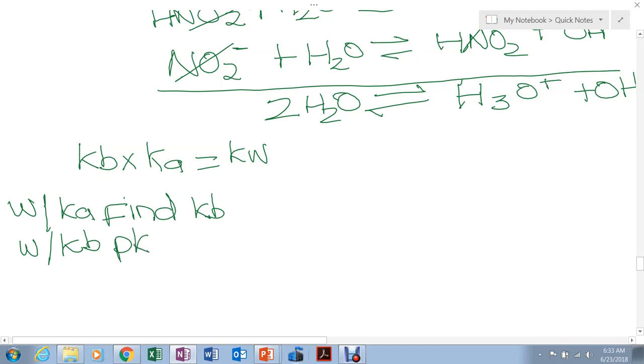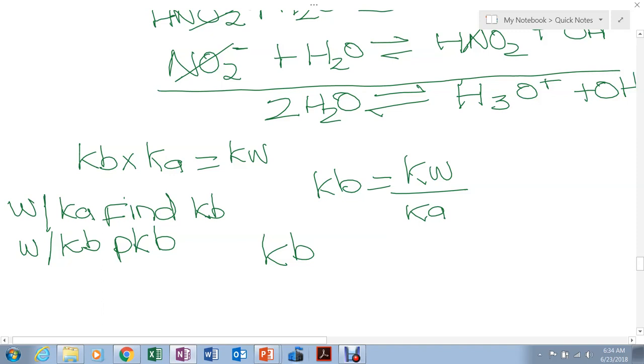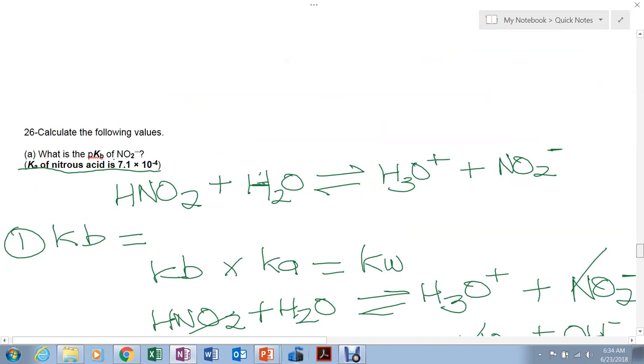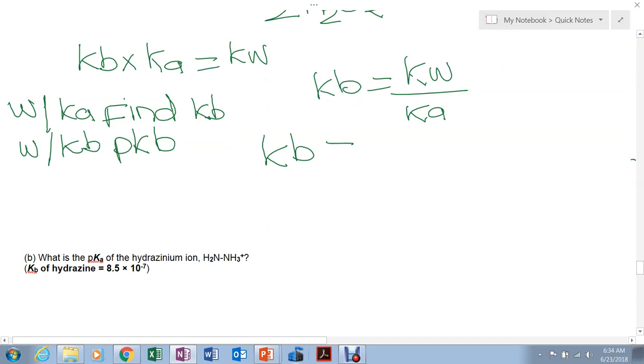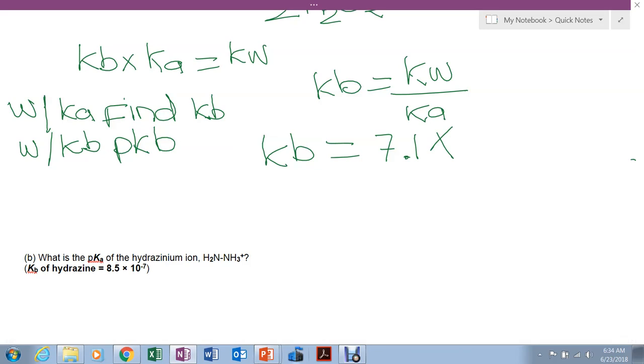And that's what the problem is asking for. So Kb equals Kw divided by Ka. And the value of Ka that the problem gave us is 7.1 by 10 to the negative 4. First, on top goes the Kw.